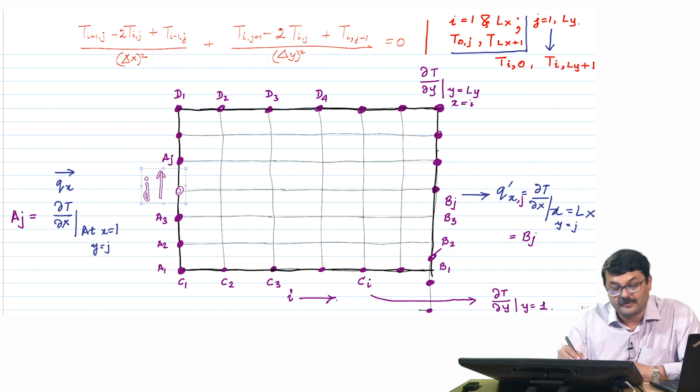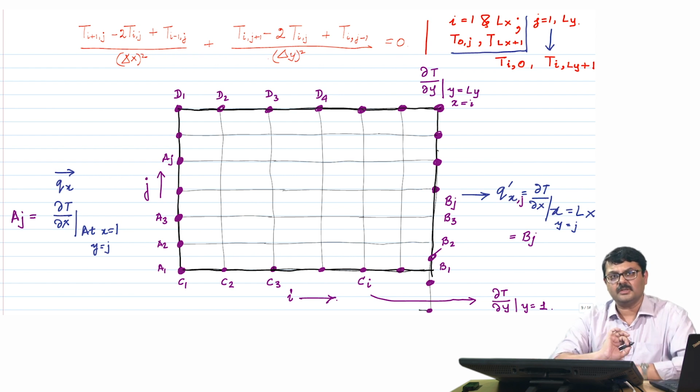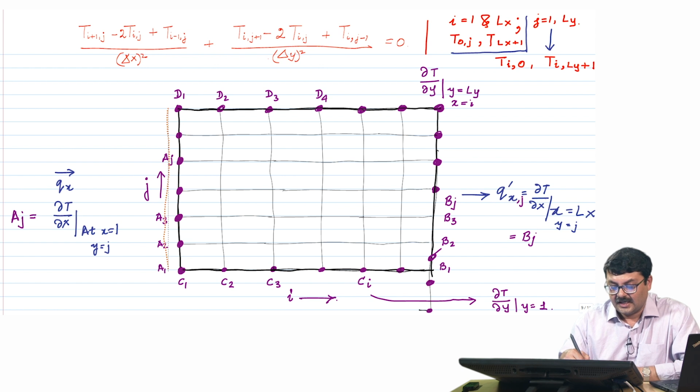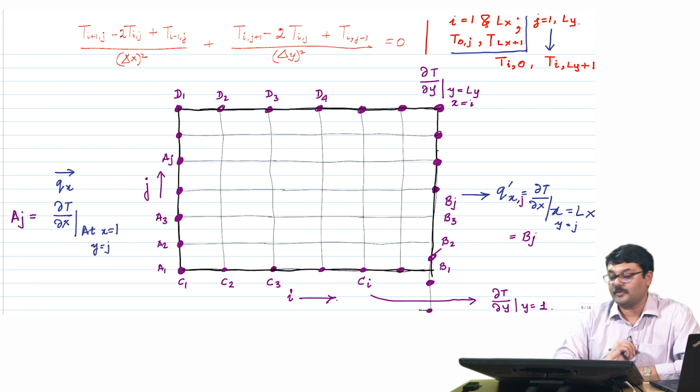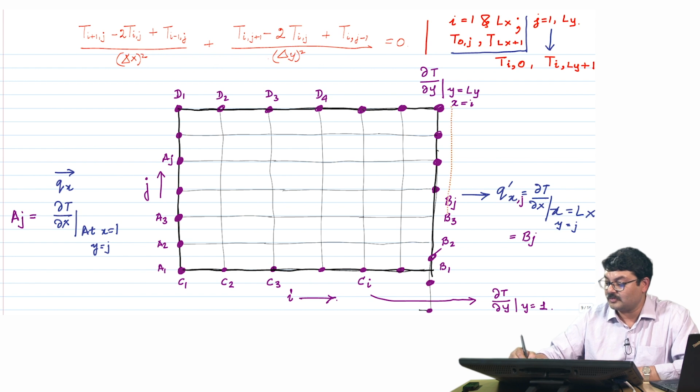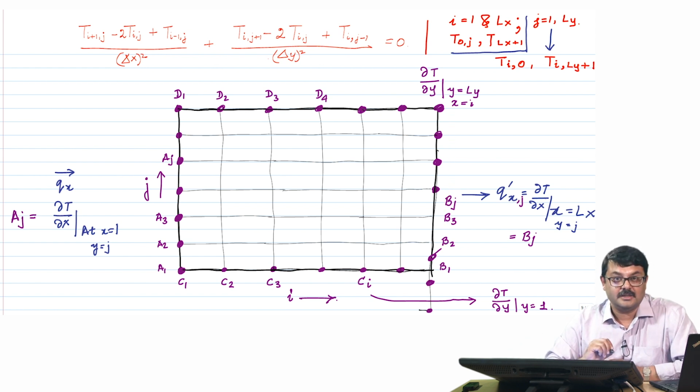Though in our test case we will consider that the values of A are independent of j, you can have different amounts of heat leaking out as you go from here to here.